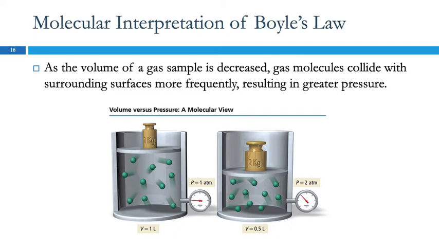Here's a molecular interpretation. So here we have the same number, 1, 2, 3, 4, 5, 6, 7, 8, 9, 10 gas molecules in here, and here's a pressure gauge, and the pressure is 1 atmosphere, the volume is 1 liter.